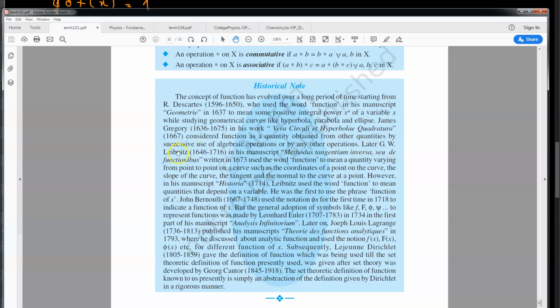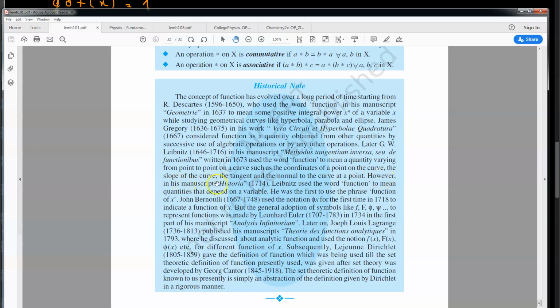Later, G.W. Leibniz, 1646 to 1716, in his manuscript written in 1673, used the word function to mean a quantity varying from point to point on a curve, such as the coordinates of the point on the curve, the slope of the curve, the tangent, and the normal to the curve at the point.